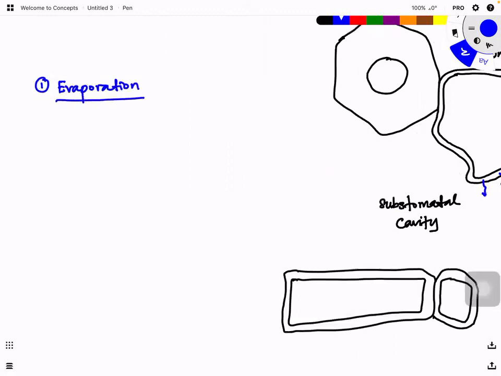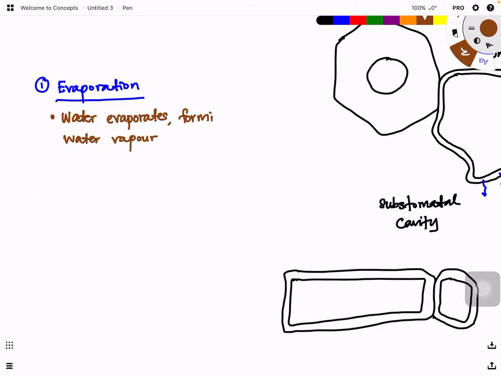So that means the liquid water, okay? So the water evaporates. A water molecule evaporates. Okay, so what do they form? Water vapor. Can you see that? Are you clear? So the water evaporates, forming this water vapor.